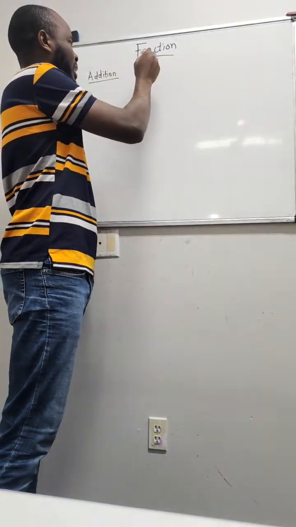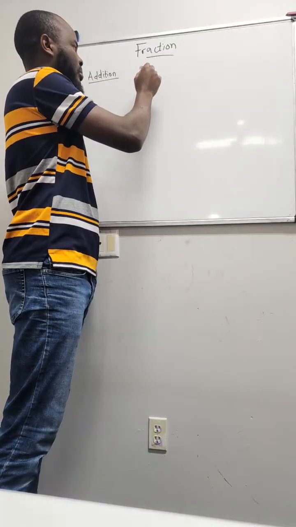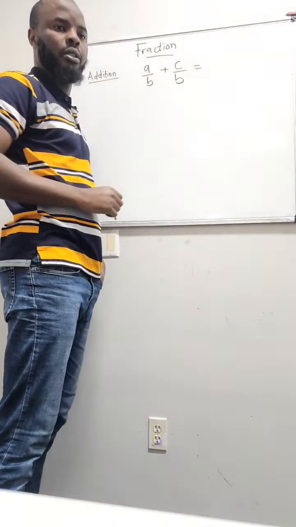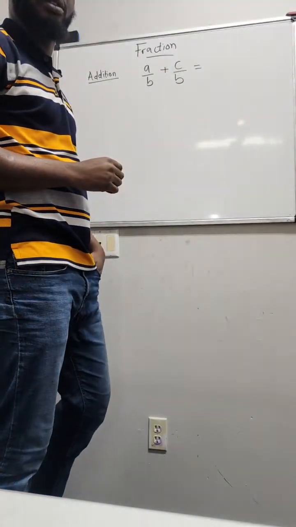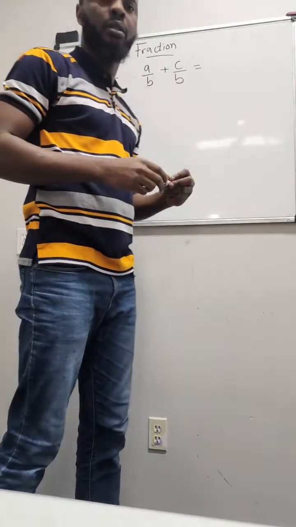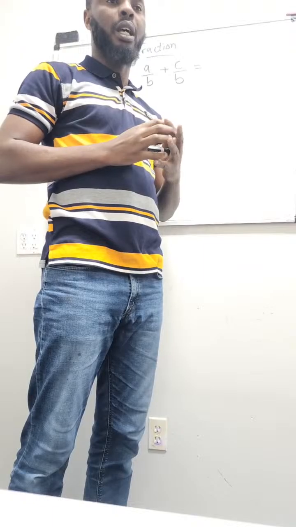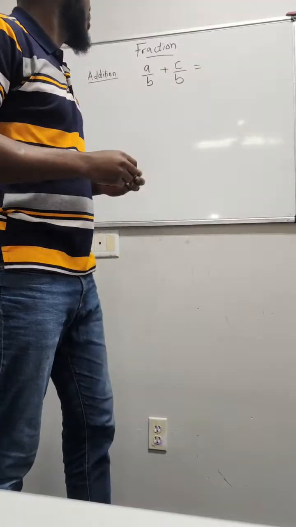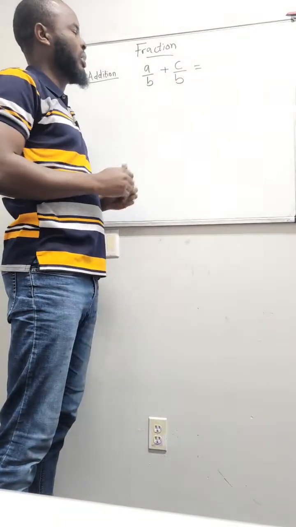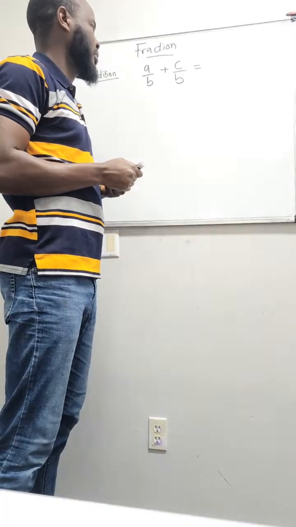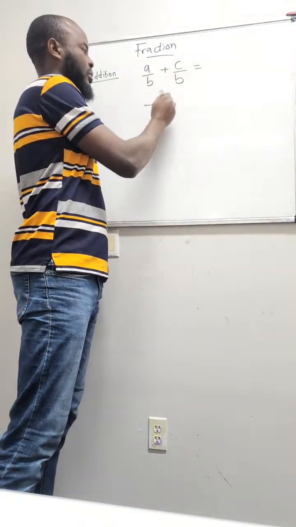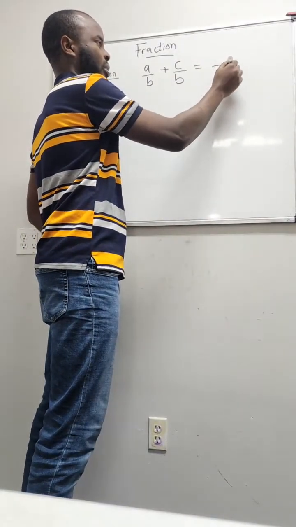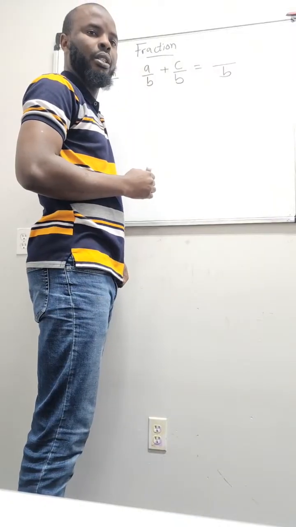If you look at this, we have a over b plus c over b. How can we deal with this? If you have the same denominator, like this, b and b, you repeat the same denominator b.